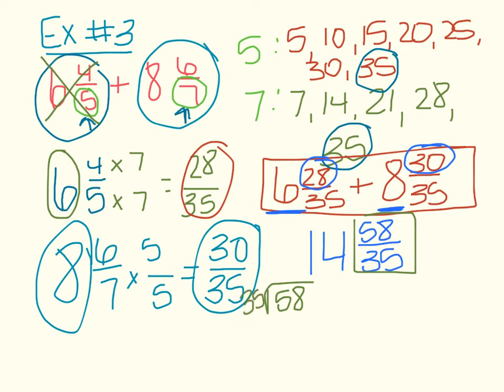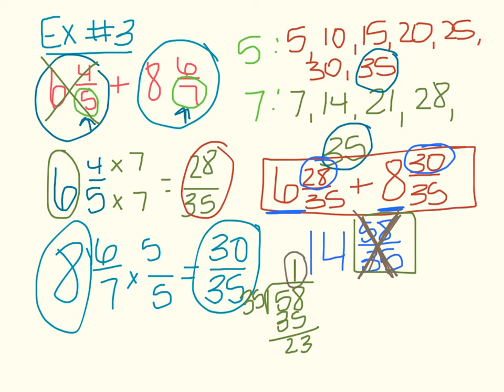All right, 35 goes into 58 one time. So here is my mixed number. I just am changing this improper fraction to a mixed number.